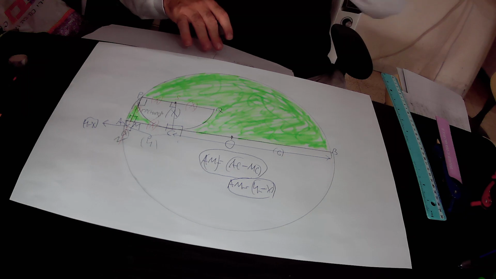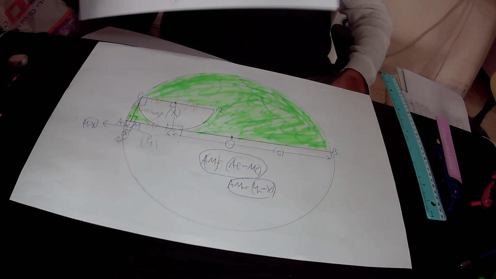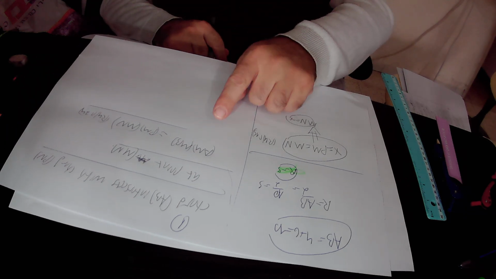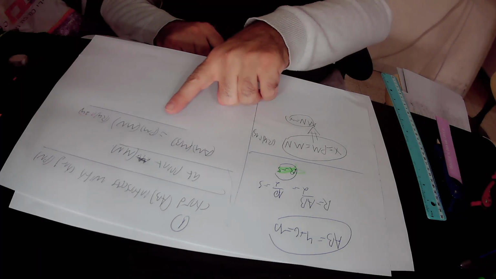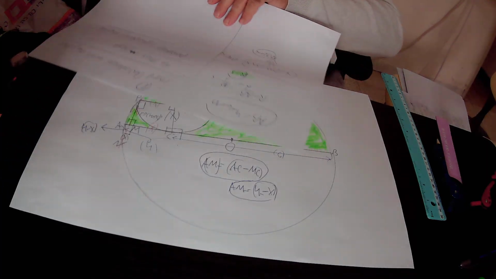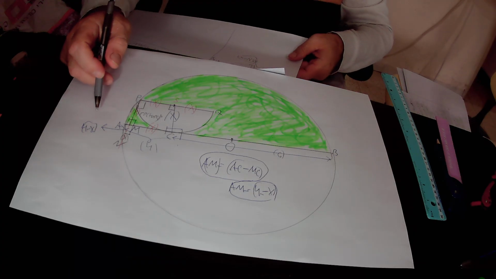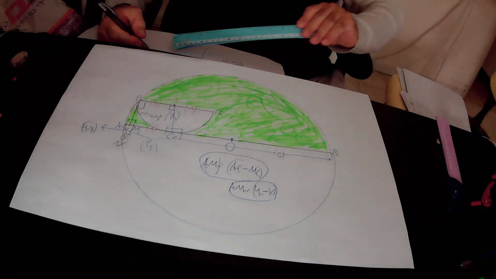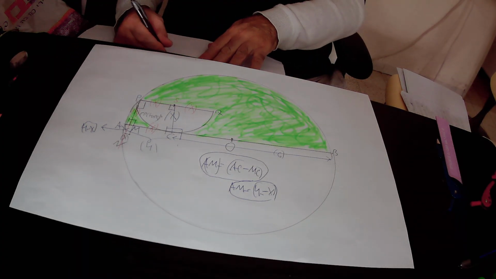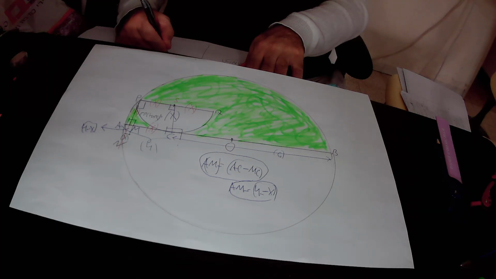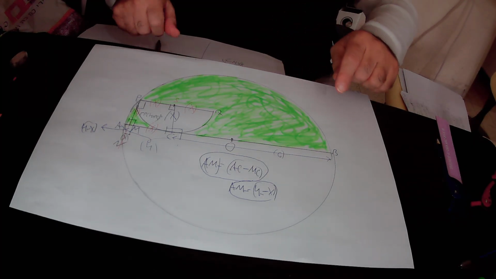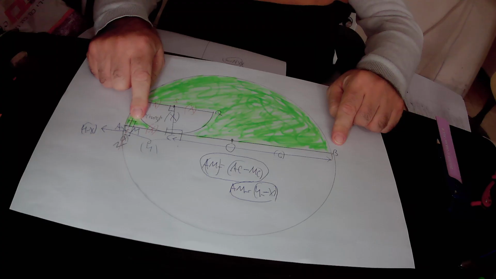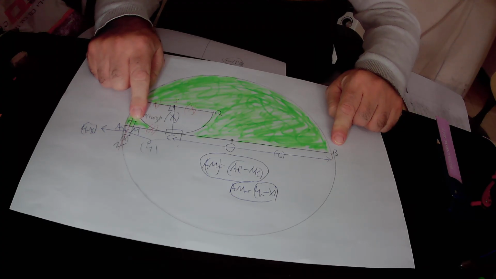According to rule 24, AM times MB equals PM times MN. AM is 4 minus x, times MB, and MB in total equals x plus 6.